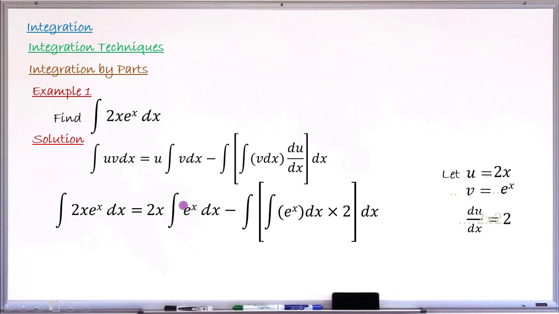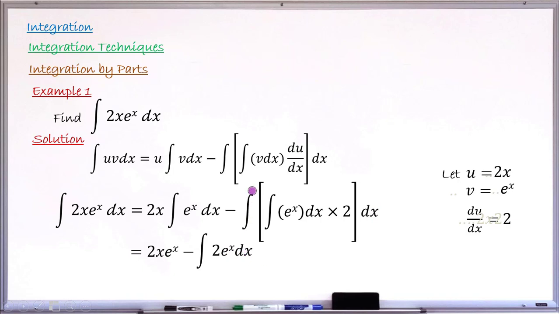So 1 over 1 times e raised to x gives you e raised to x. Then times this 2x, it will give you 2x e raised to x. Then minus the integration inside this bracket: the integral of e raised to x is e raised to x. Then times this 2, it gives you 2 e raised to x, then dx. This dx is the dx I have outside.